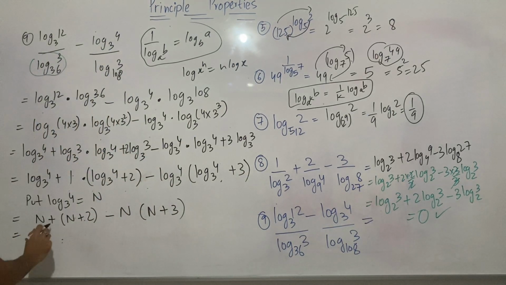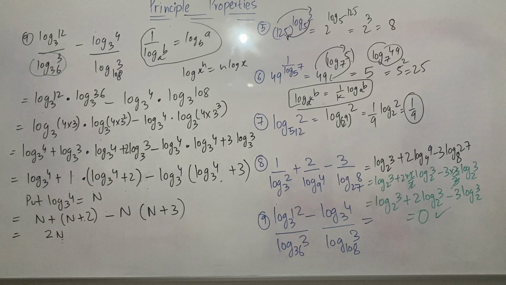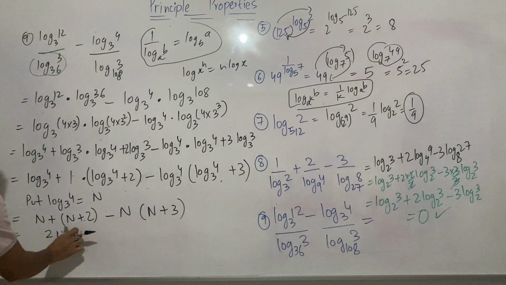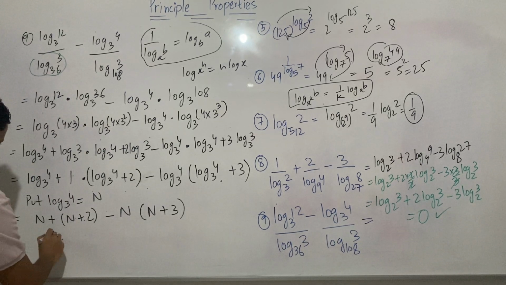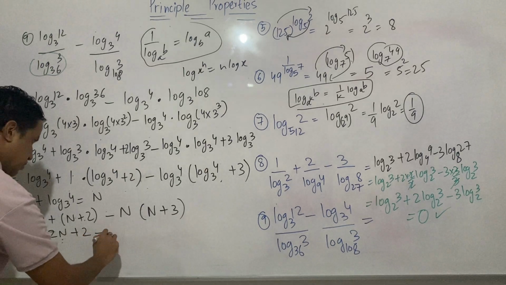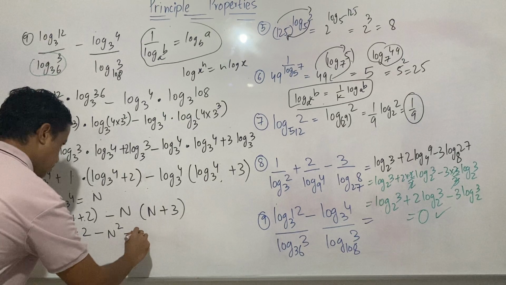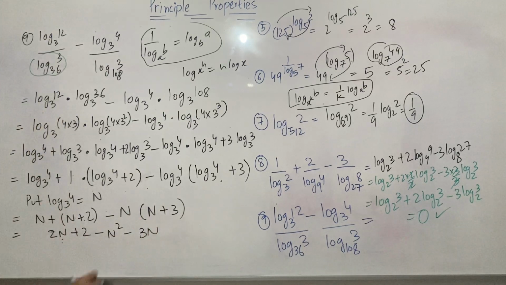Okay, so it's going to be 2n, 2n plus 2 minus n square minus 3n. Is it correct?